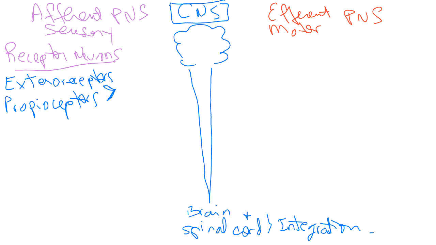So the nerves that carry this information to the CNS are part of the afferent PNS division. And more specifically, they're going to be the somatosensory division of the afferent PNS. So this is somatic sensory.